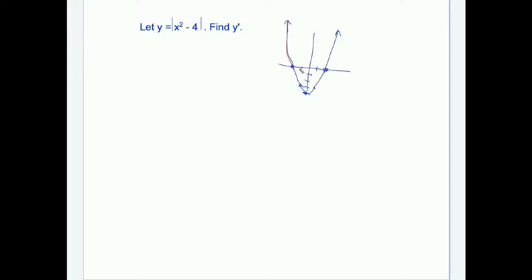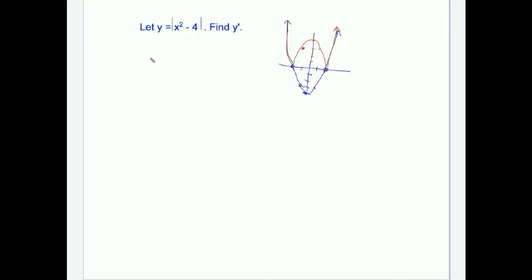So this 1, -3 will actually be at 1, +3. -1, +3. And this 0, -4 will be at 0, 4. And then same idea. So the function of the absolute value part actually looks like this.